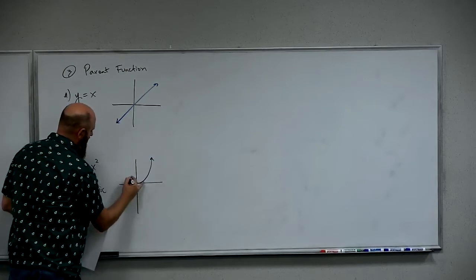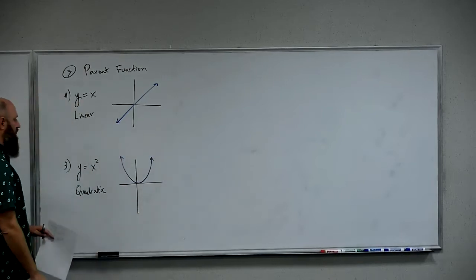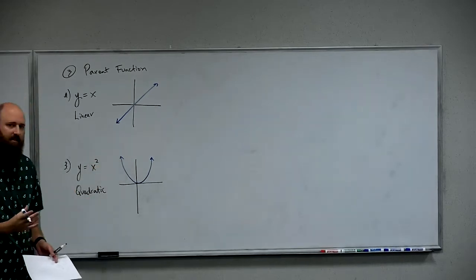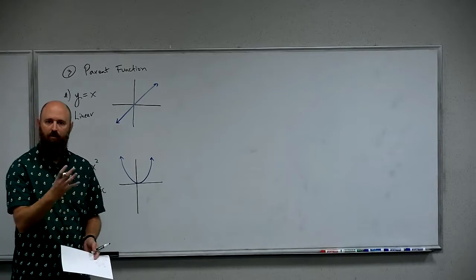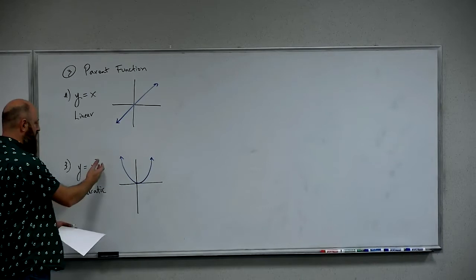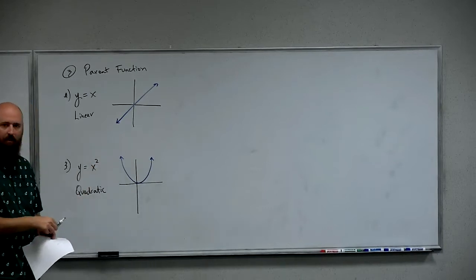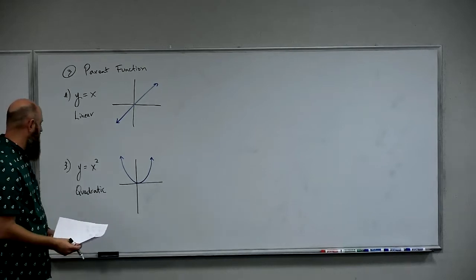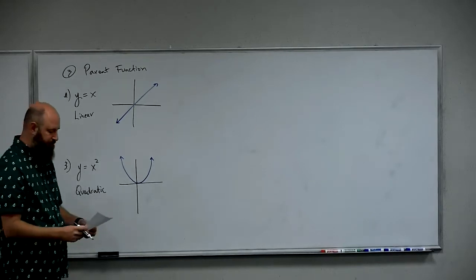And it's this U shape. Okay. Now it can be flipped over, it can be moved around, but that's the basic shape of it. It's going to take this shape and move it or manipulate this particular shape. And so if our biggest power is a 2, nothing bigger than that, but we at least have a 2 and no other symbols, then it is called a quadratic.